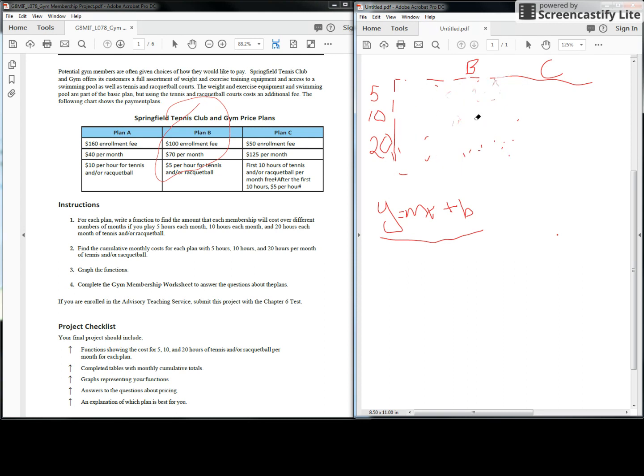Okay, so now this is all about Plan B. Plan B has a $100 registration fee. All of our equations, just like Plan A, are going to start y equals.